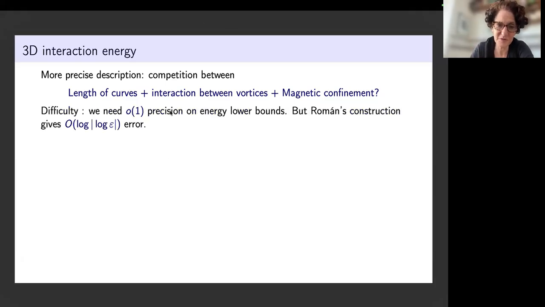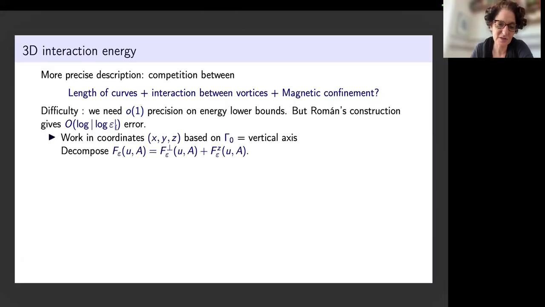But that is difficult because the length of the curve plays at order log epsilon, and the interaction between vortices is a lower order effect. And if we want to see that interaction, we need energy estimates with little o of 1 precision. But the tool that we had, which is the construction of Roman, gives the order log epsilon error, so that's much bigger than little o of 1. So in principle, the approach doesn't seem very promising.